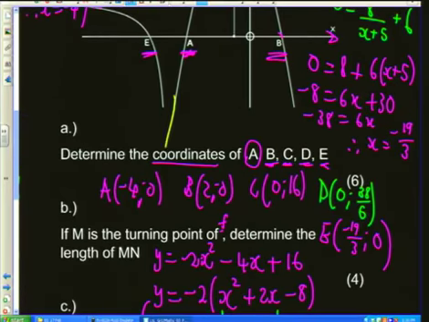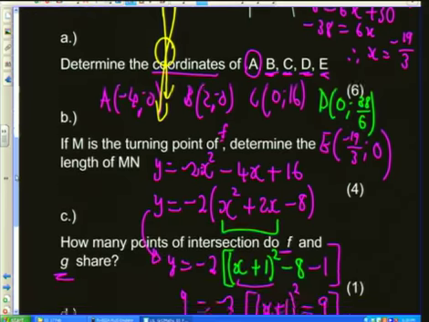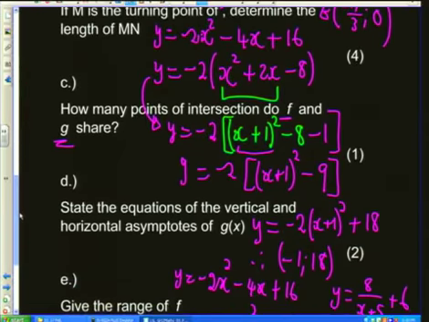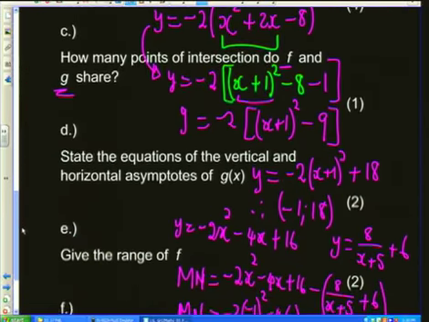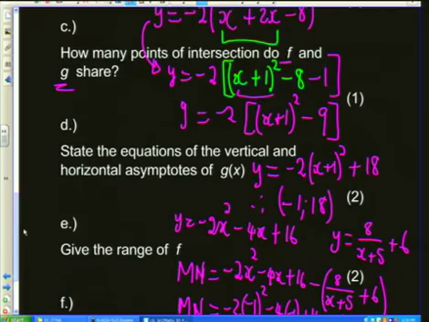This graph goes on, and that goes on and on. So at some stage, they're going to meet here. So we conclude by saying there are 3 points of intersection of those 2 graphs.